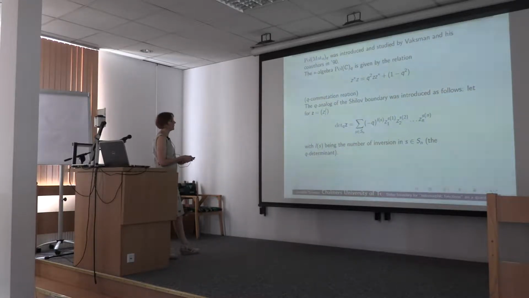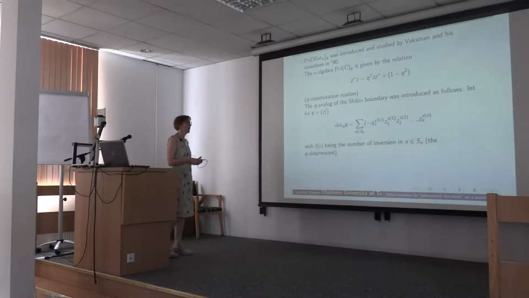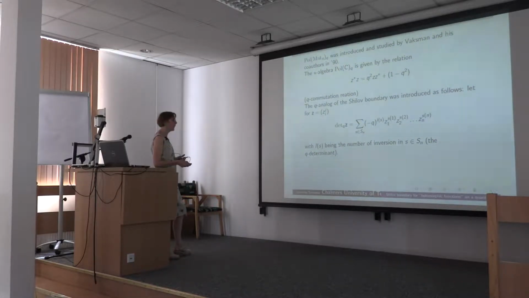If I form a matrix out of the generators of my algebra, I can define the quantum determinant. If q is equal to 1, it's just the usual determinant of an n by n matrix.